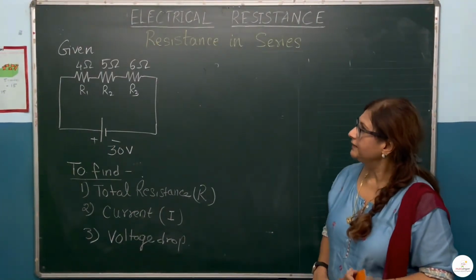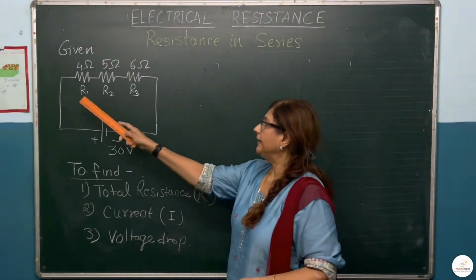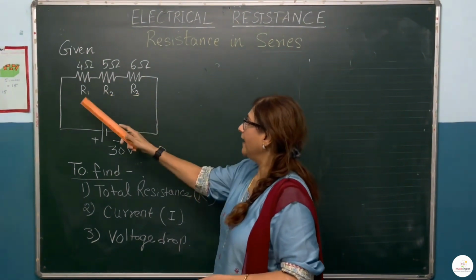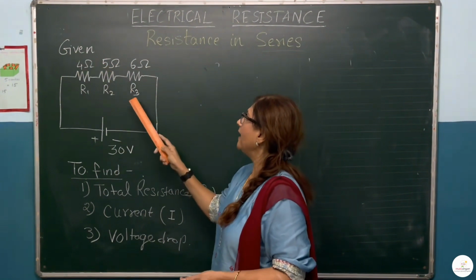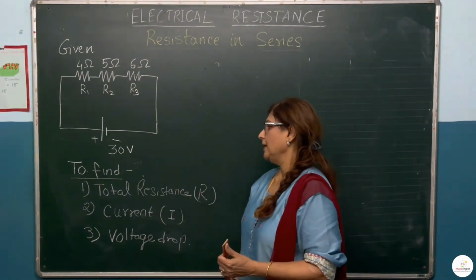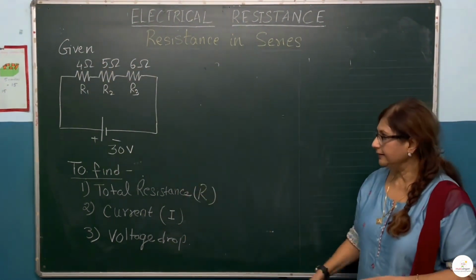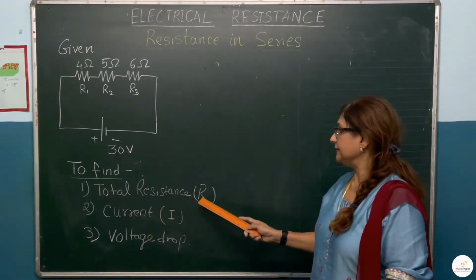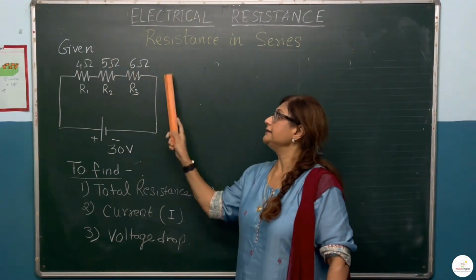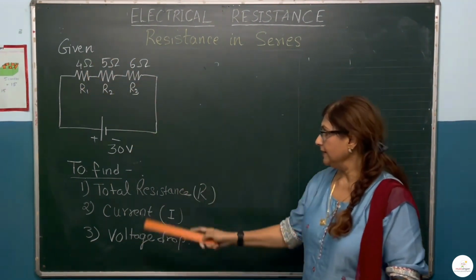Okay, let's solve this problem. There are three resistors connected in series. R1 is 4 ohms, R2 is 5 ohms, and R3 is 6 ohms. Now, we need to find three things. One, total resistance, that is R, the total resistance in these three resistors.